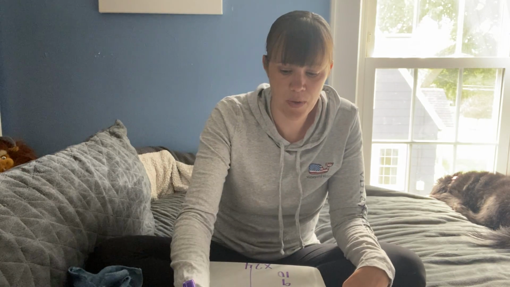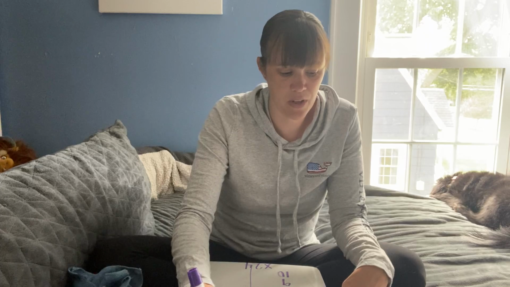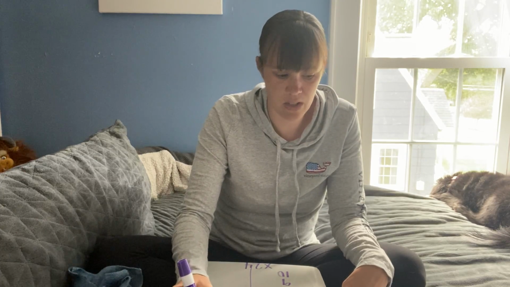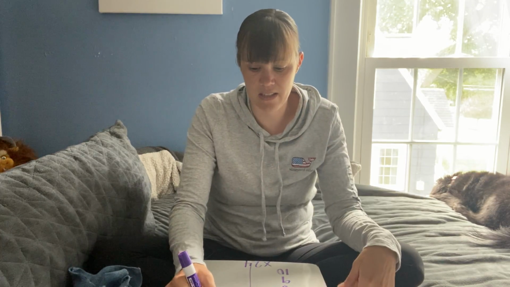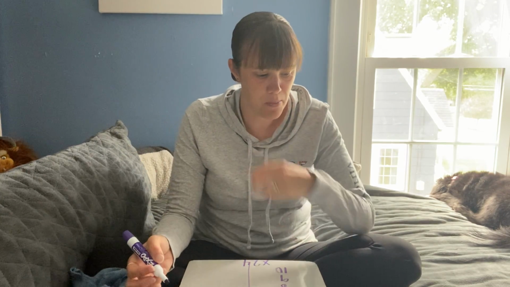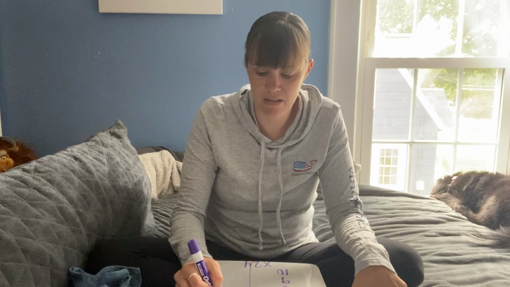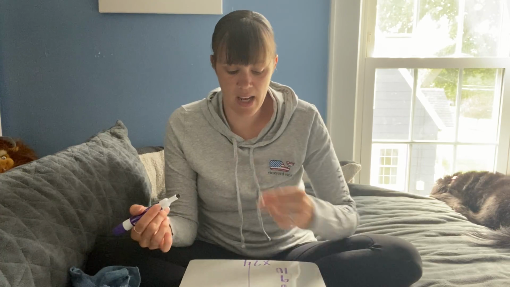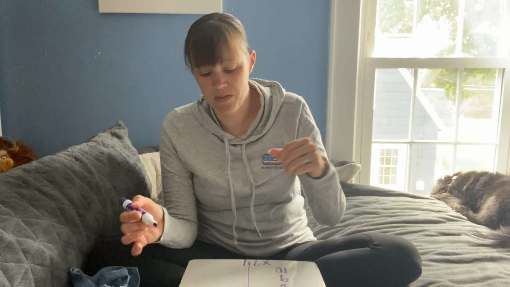So 1 day is 24 hours, 2 days is 48 hours, 3 days is 72 hours, 4 days is 96 hours. I get to that point and I'm like, okay, I know this. But then I have to really think and mentally add the next step. So 96 plus 24, because I'm just going to add 24, gives us 120.